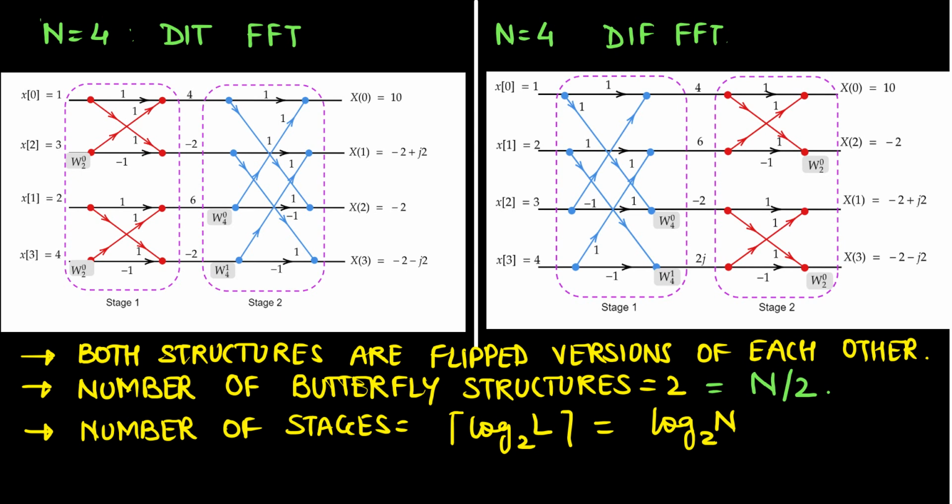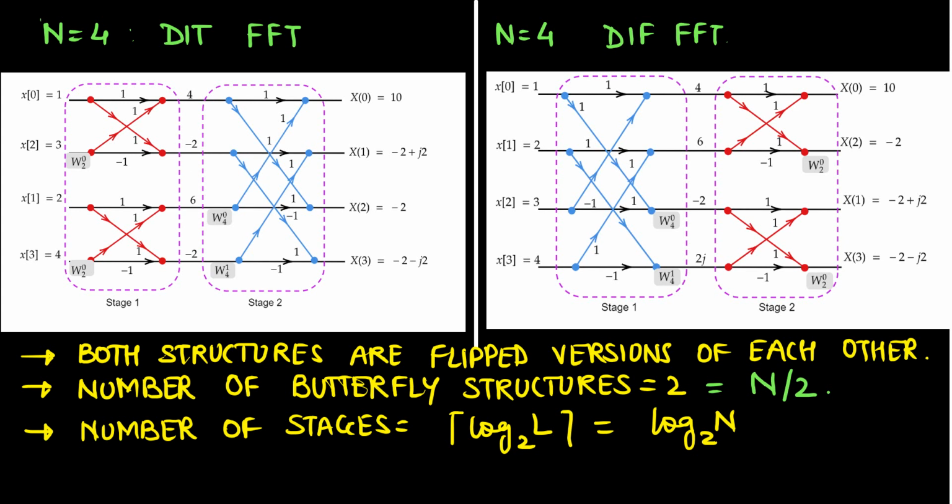So this ceiling of log N to the base 2 basically gives us M, where N is 2 to the power M. Therefore log N to the base 2 will again give us back this M, and so we can write the ceiling of log N to the base 2 as log N to the base 2. This is the number of stages in both of these cases. So what we observe is both structures are exactly flipped versions of each other.